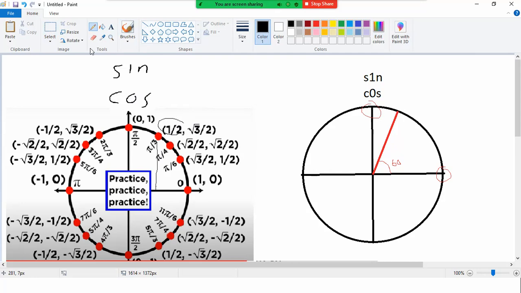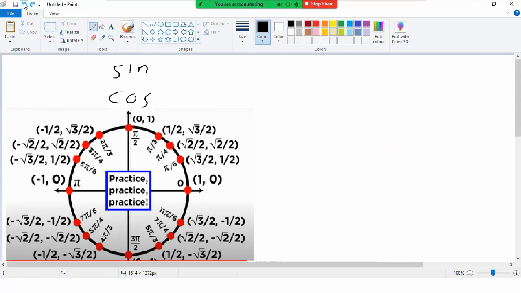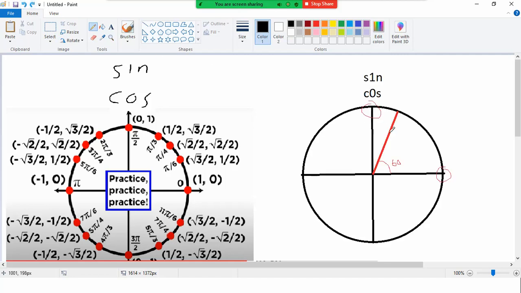Okay. Now, conversely, if x is cosine, y is sine, then we have 30 degrees right here. All right.